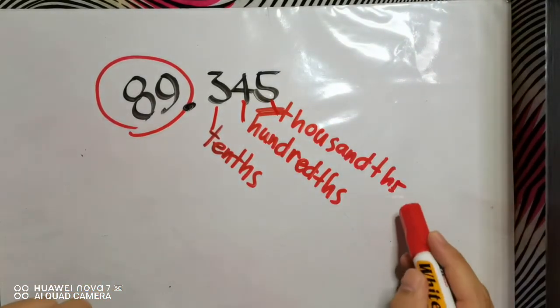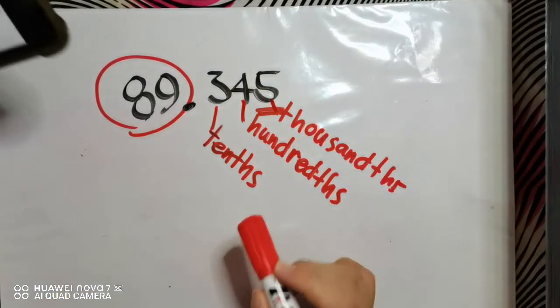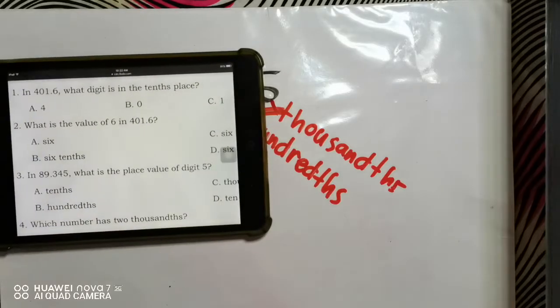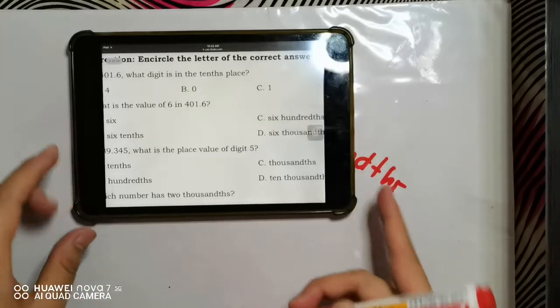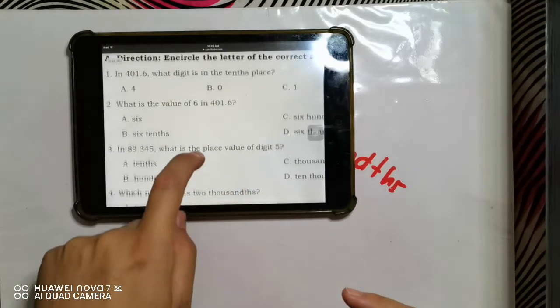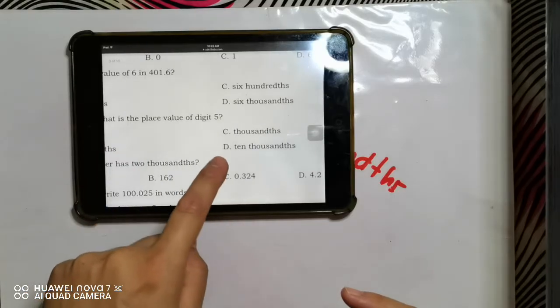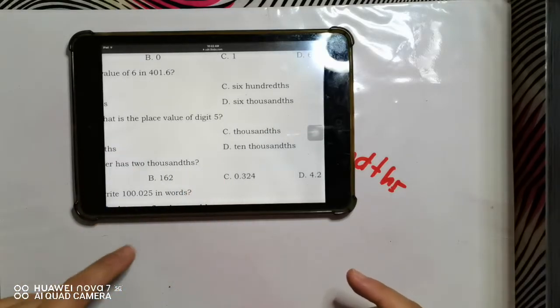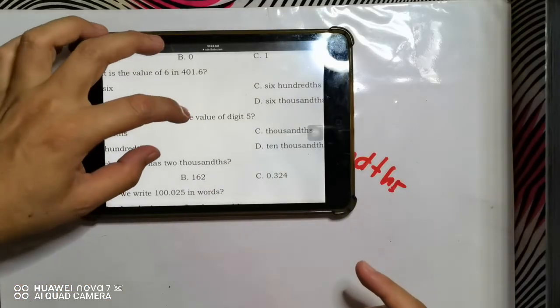Therefore, the place value of the digit 5 is thousandths. So, you just have to go to your example, or to the question, and then look for the place value na ang sabi ay thousandths. So, A tenths, B hundredths, C thousandths, D 10,000ths. So, our answer is letter C, thousandths. Okay? So, ganun yun.